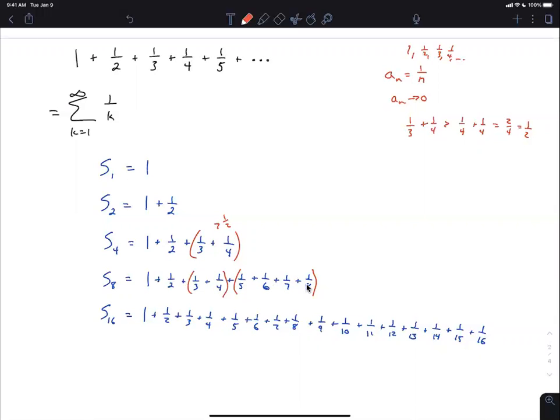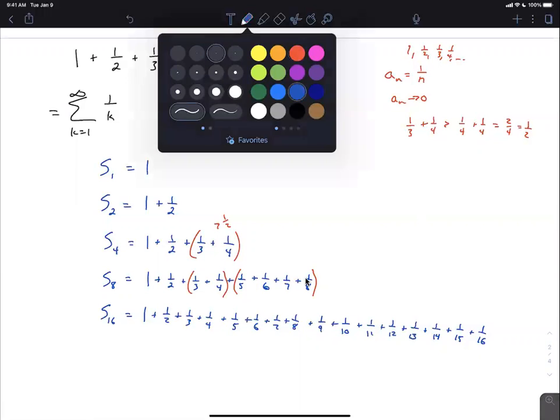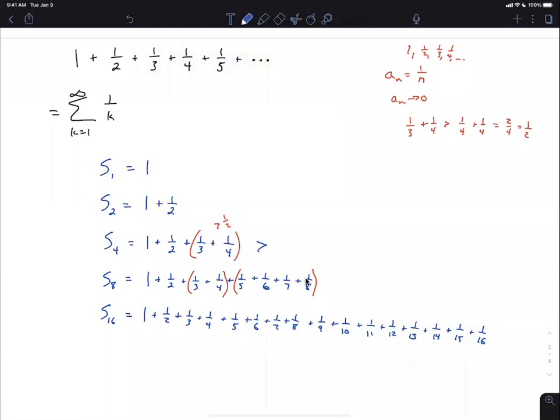4/8, which is then a half. Does that make sense? So the parentheses here, that's bigger than 1/2. Does everybody see why that's true? We good? Okay, so this sum S4 is bigger than 1 plus 2 times a half because it's 1 plus 1/2 and then another half, but it's bigger than that one.